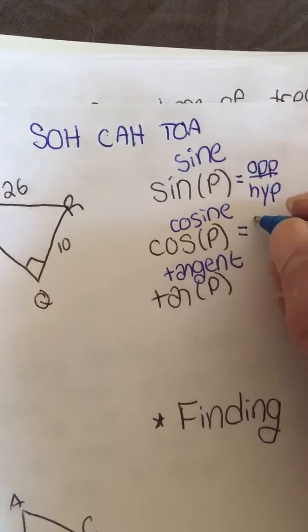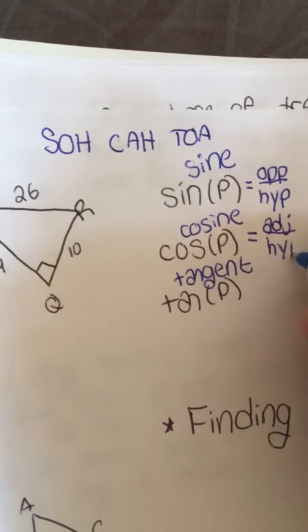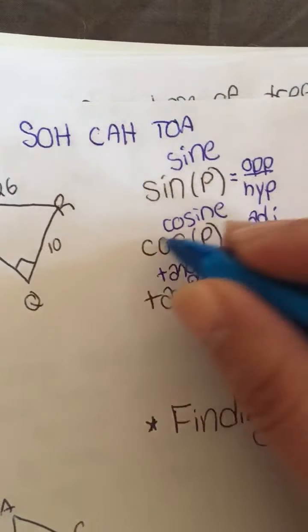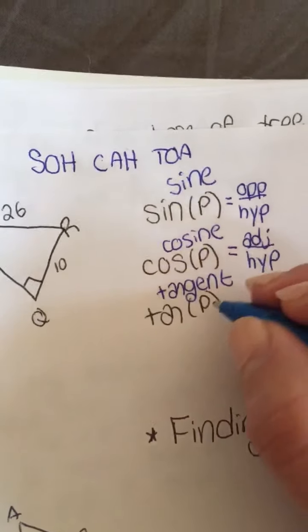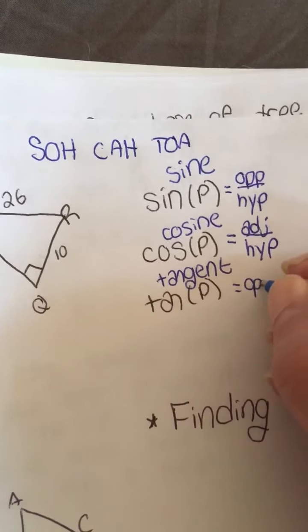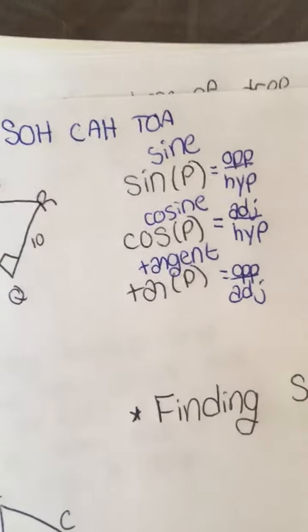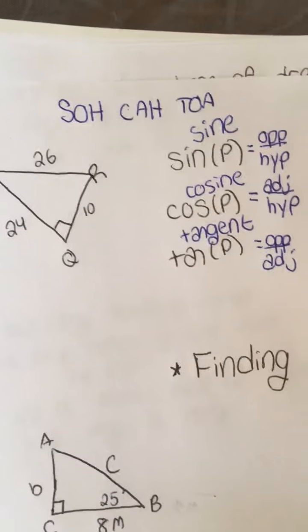Cosine is always equal to the adjacent side over the hypotenuse. And tangent, that's CAH for cosine, and tangent, TOA, is O over A, so that would be the opposite over the adjacent.